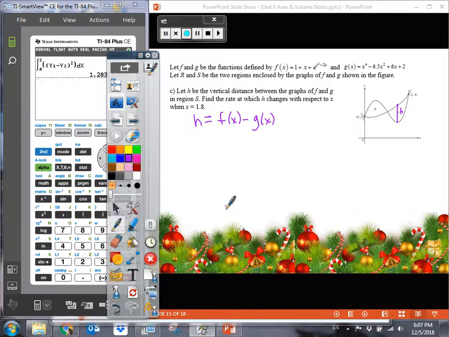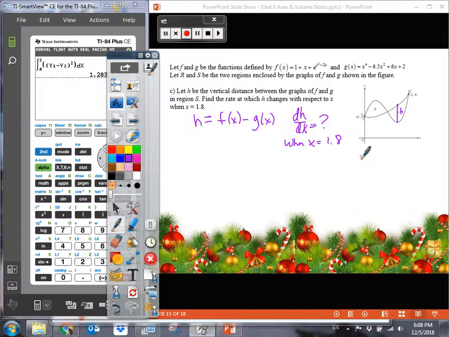All right. Now they want us to find the rate at which h changes with respect to x. So dh/dx equals question mark when x equals 1.8. That sounds familiar, right? Look how they slid in a little bit of a related rates type problem in an area and volume problem. Isn't that fantastic?